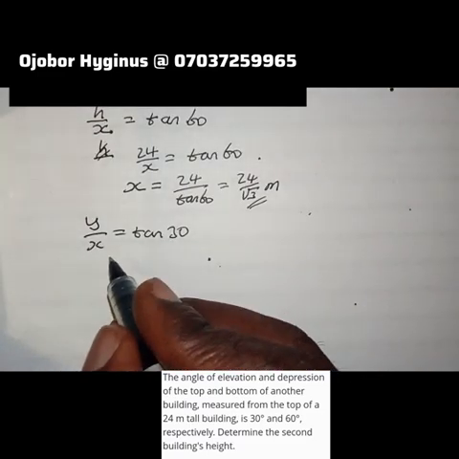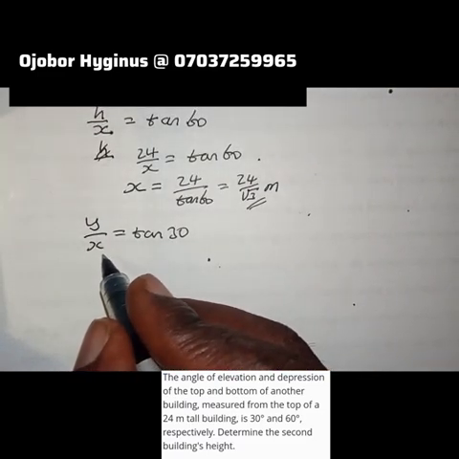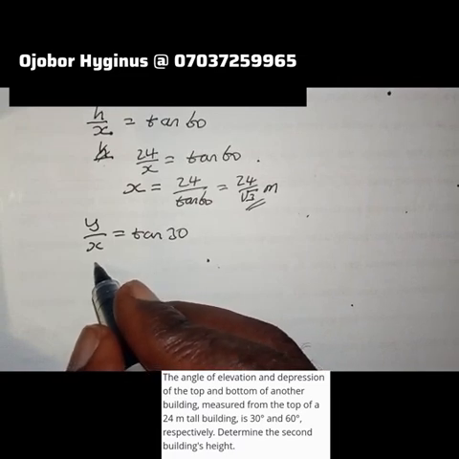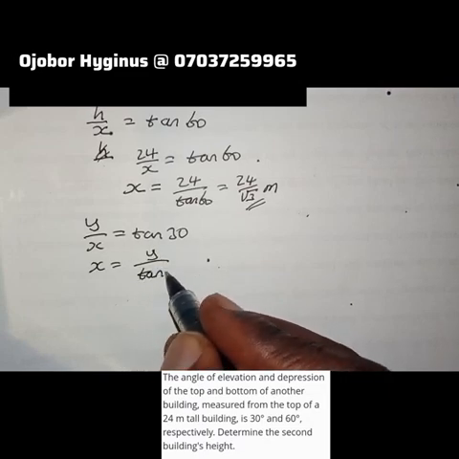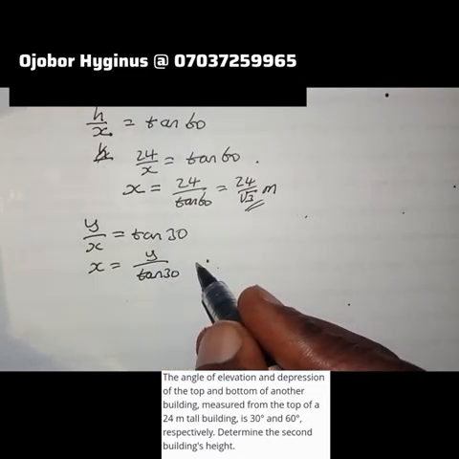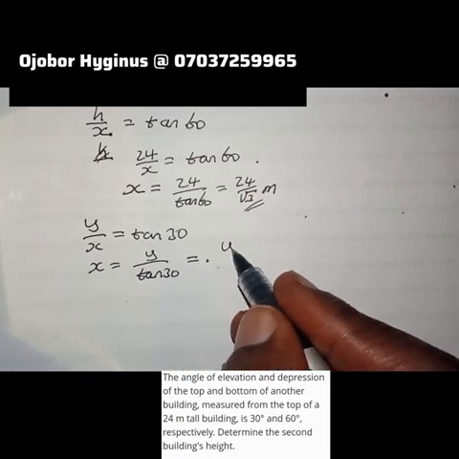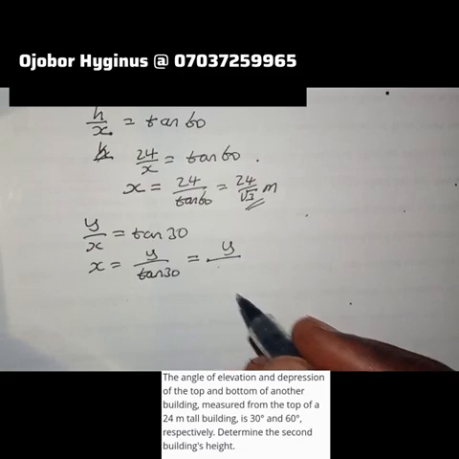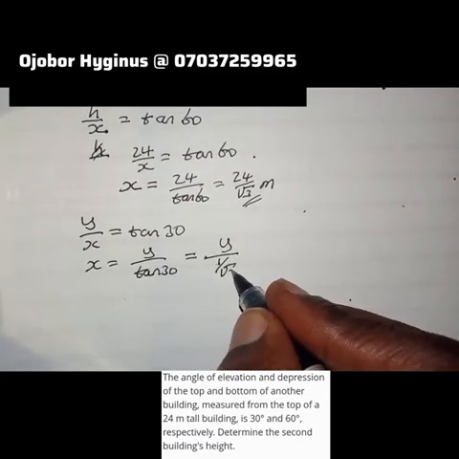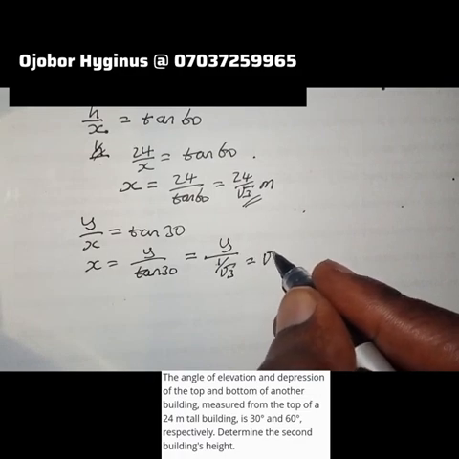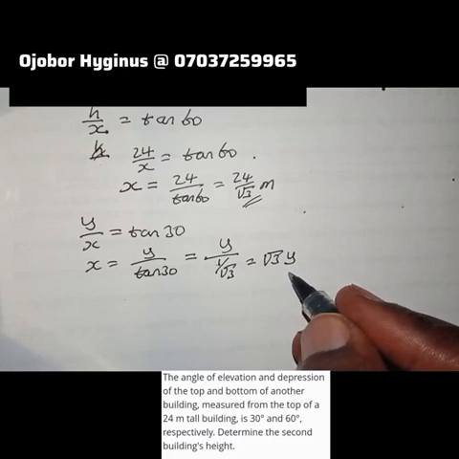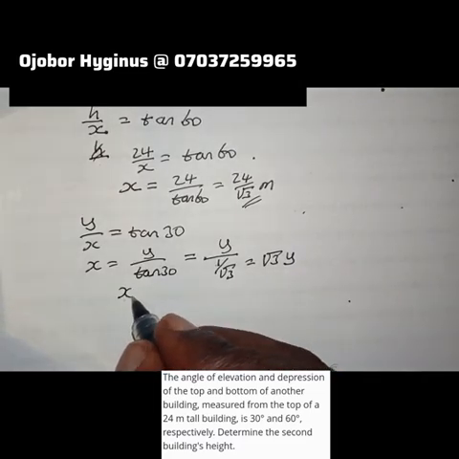And moving further, y is unknown, but we are still going to make x the subject of the formula. So x is equal to y over tan 30, which is y divided by 1 over root 3, and that will give us root 3 y.